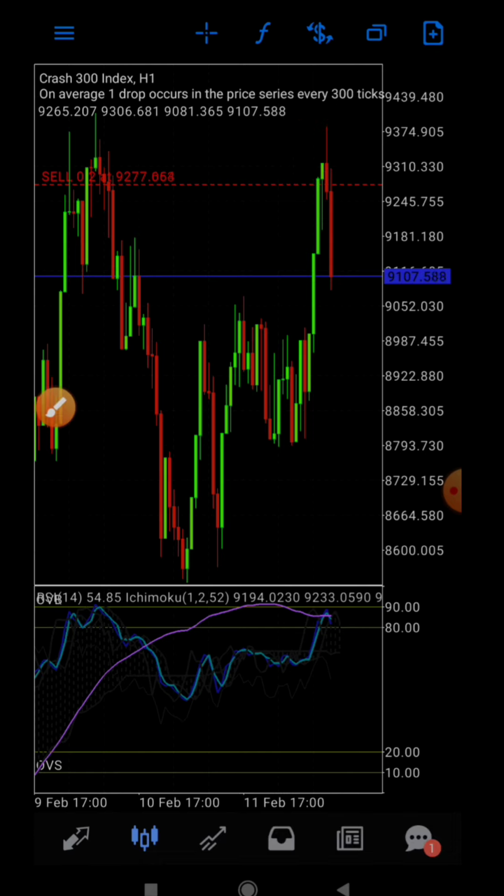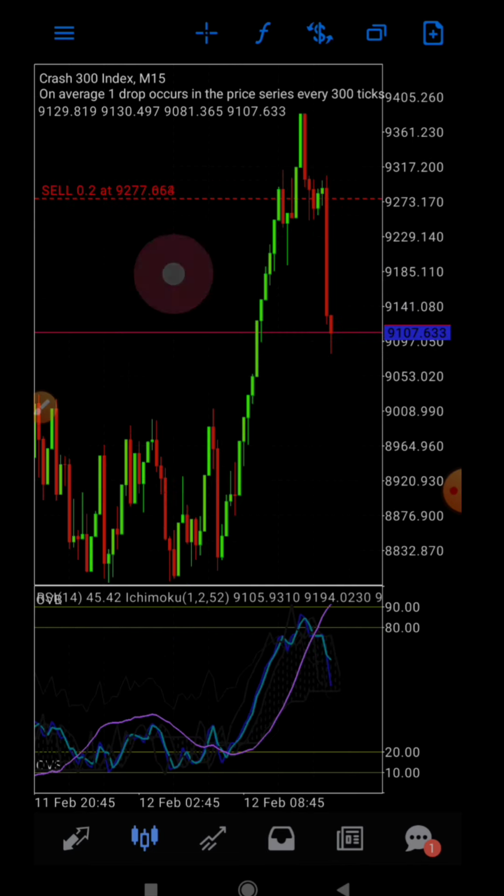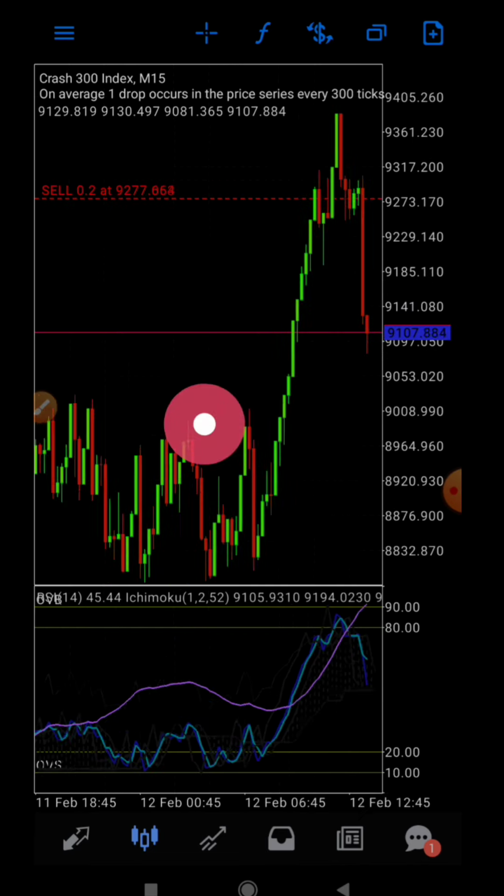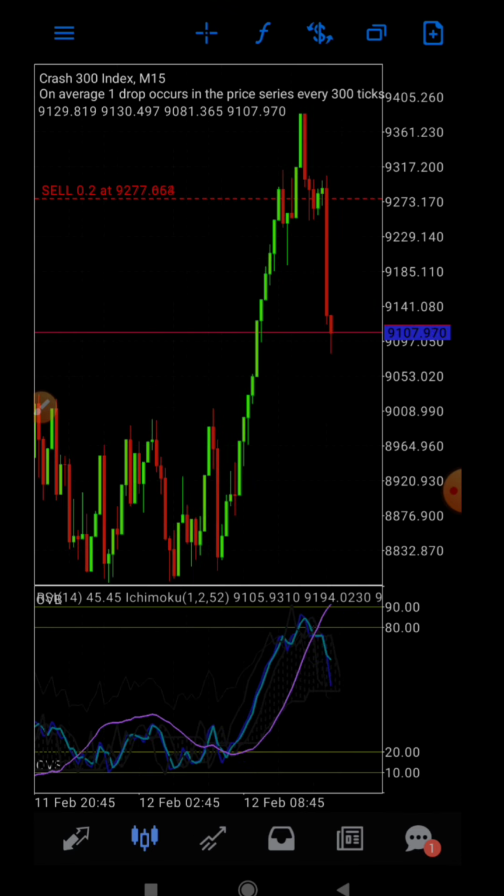Now, I will not take my trade on the 1 hour. So what I did was drop down to 15 minutes and look out for sniper entries. Another thing that helped me is my RSI indicator and my stochastic. How this works is very simple.